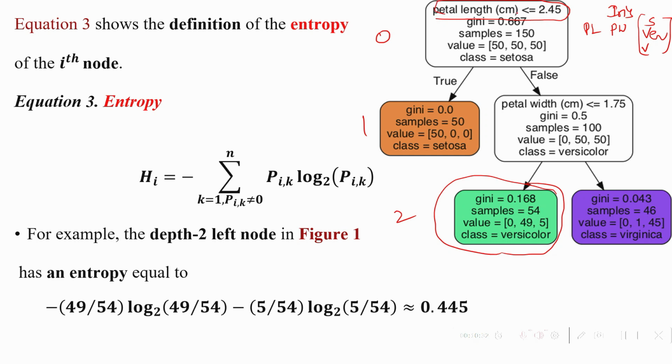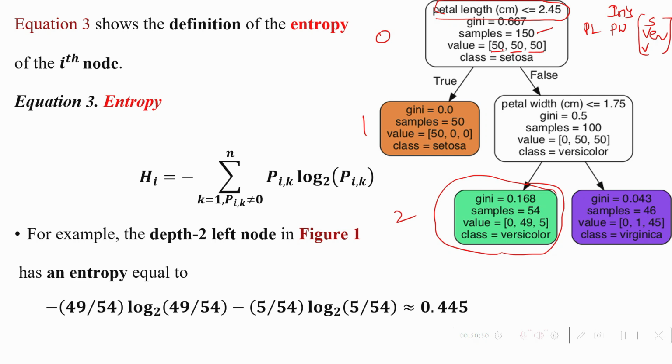If the petal length is less than or equal to 2.45, then we divide into 2 parts. Here we have 150 samples: 50 belong to setosa, 50 to versicolor, and 50 to virginica.